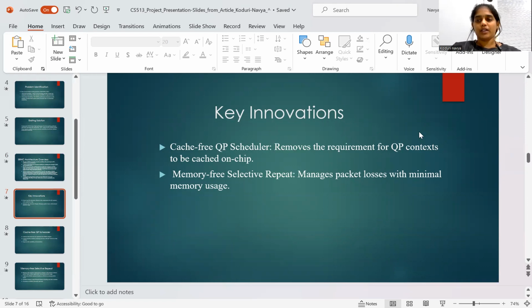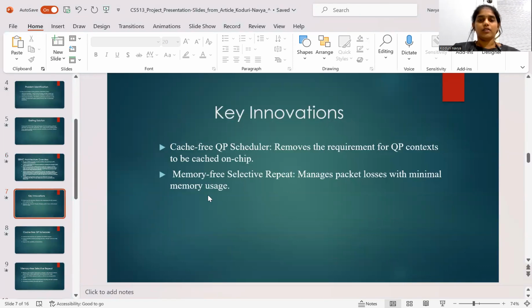Its main aim is to remove the requirement of QP contents to be cached on chip. And the memory-free selective repeat is helpful to manage packet losses with very minimal memory usage.